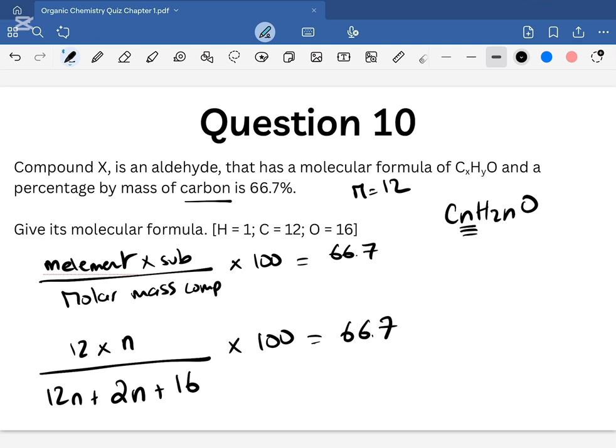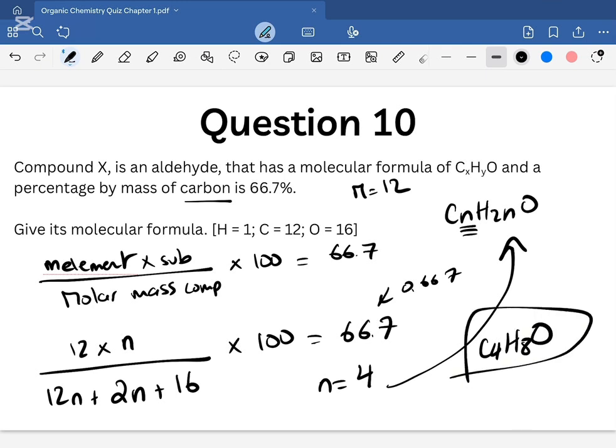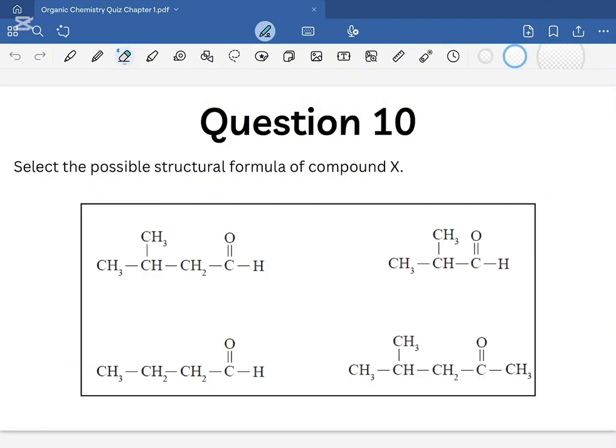Now if I divide by 100, then it's going to be 0.667, and the n that I'm going to end up with is going to be equal to 4. Now substituting this n over here, we're going to end up with C4H8O. This is the molecular formula for this aldehyde.